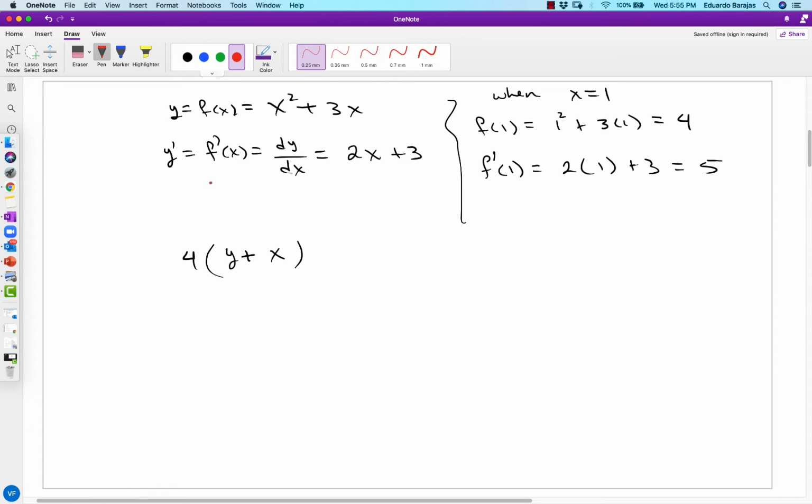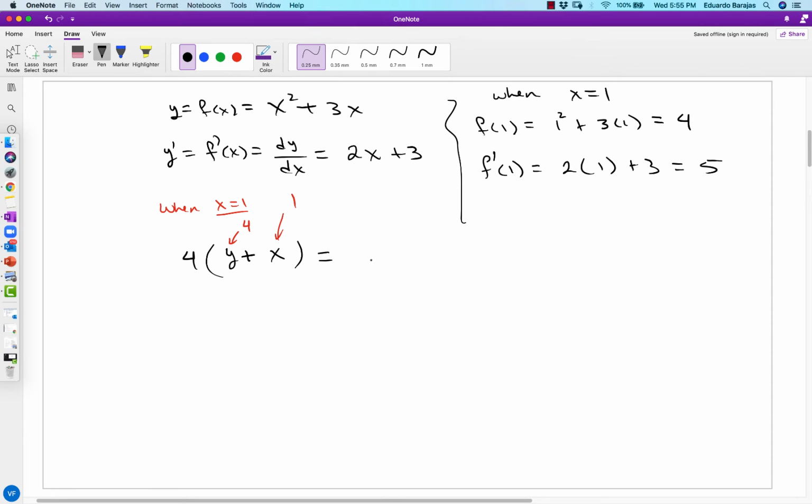When x equals 1, x is 1, and y would be f of 1, which is 4. So at x equals 1, this would be 5 times 4, which makes it 20.